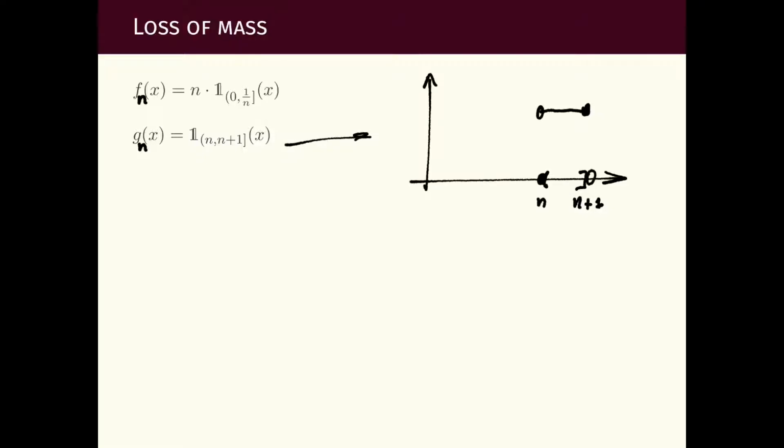And then it takes value 0 before and after this interval. Of course, if we compute the integral of this function gn with respect to the Lebesgue measure, we get this area here, which is also equal to 1 for every n.